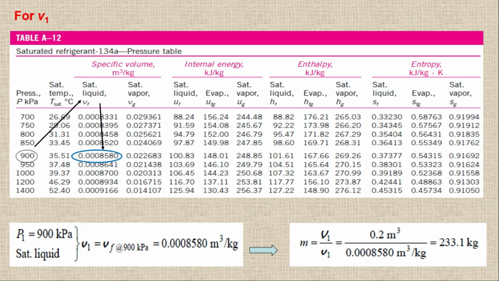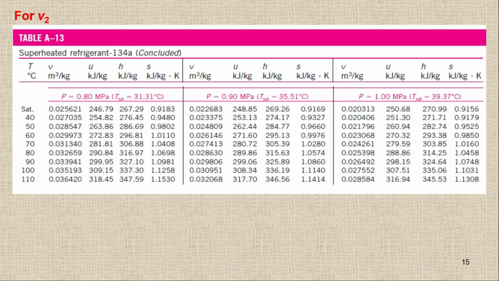So the temperature is more than the saturation temperature, which means that state number 2 is in the superheated region. So we have to use the superheated table to find out the V2.